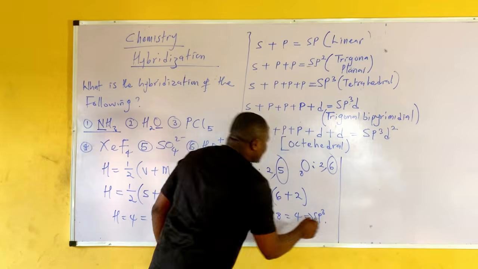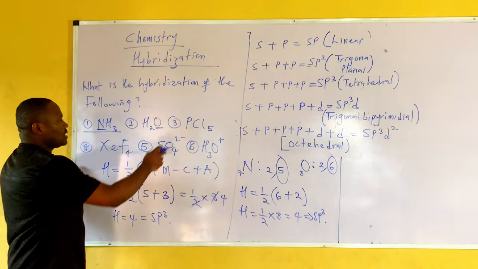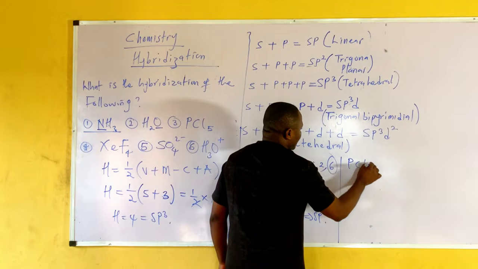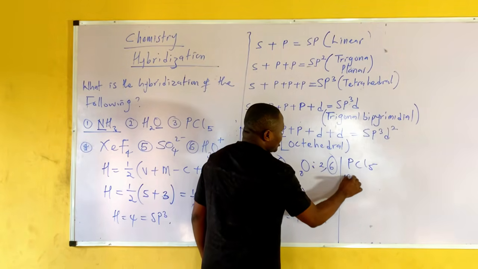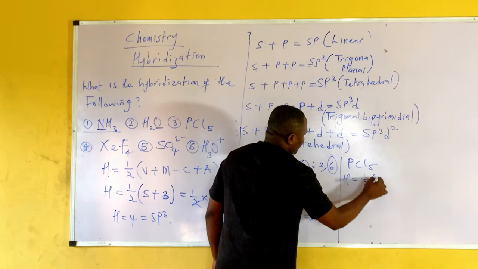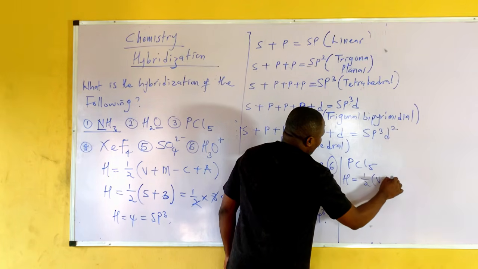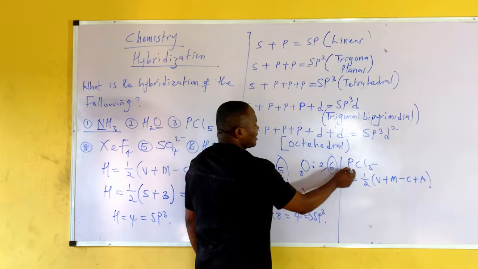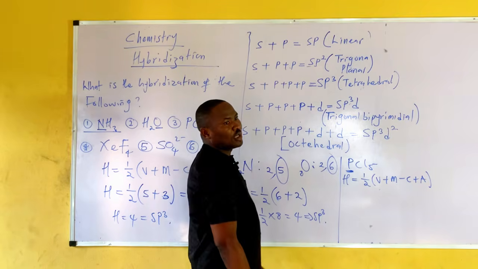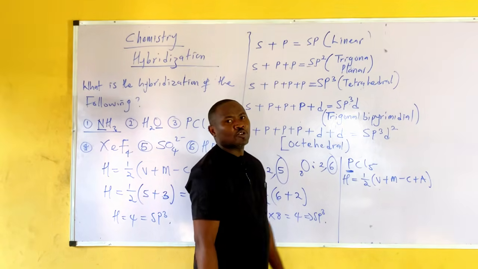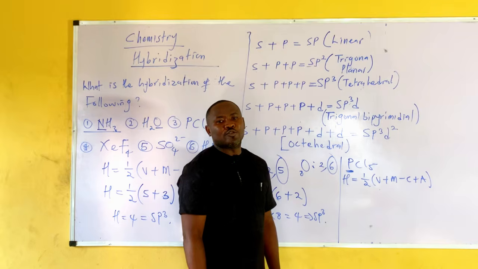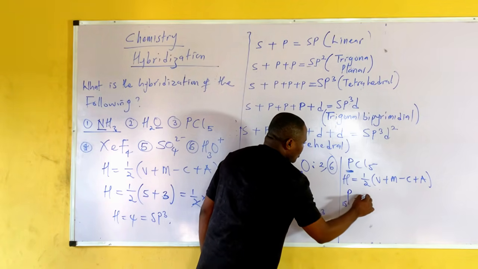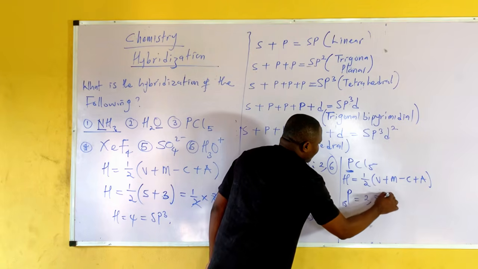Now let's look at number 3. Number 3 is PCl5. We'll go again. H is equal to 1 over 2 open bracket V plus M minus C plus A. Now, what is the centralized atom here? It is phosphorus. Phosphorus is 15, so I have P15 equal to 2, 8, 5.